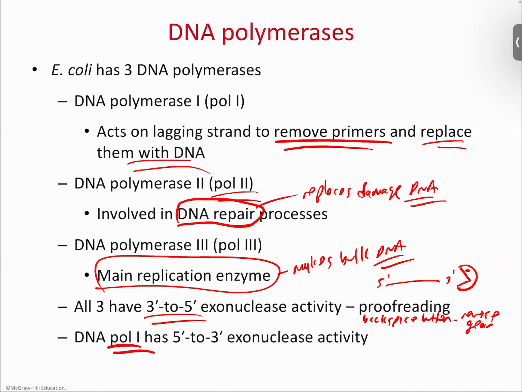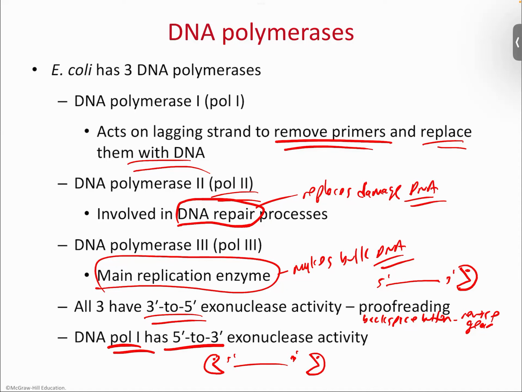Pol 1 is the only one that has the forward exonuclease activity. So what does it have? Pol 1 has both backspace and overstrike, right? Which you used to use a lot, but now you don't really use so much anymore.